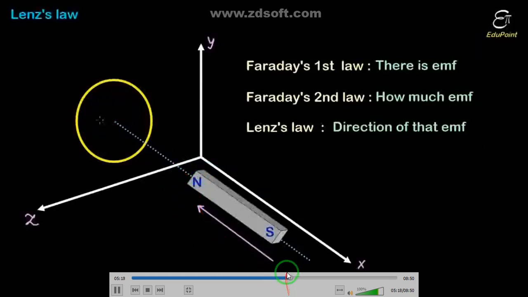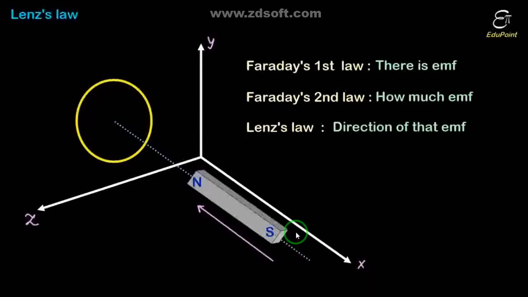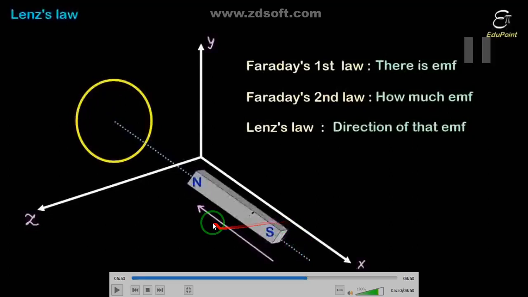Just see there. If the south pole is there, this coil will produce a south pole.